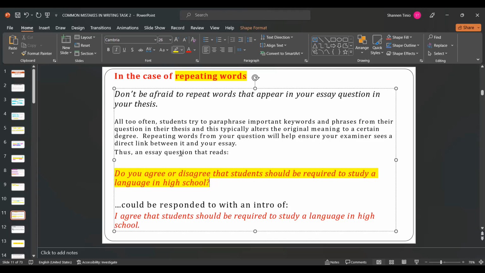Kasi maaaring mabago yung meaning. Okay? It can alter the original meaning to a certain degree. So, if you want to just repeat the question by saying, I agree that the student should be required, or I disagree that the students should be required to study a language in high school, it's okay. There's no problem in that.